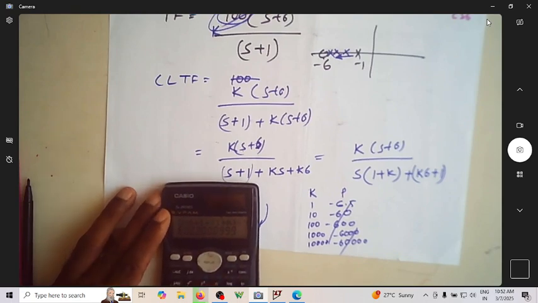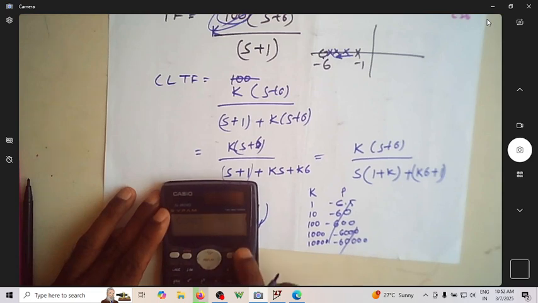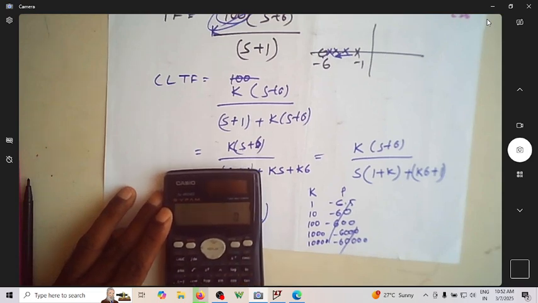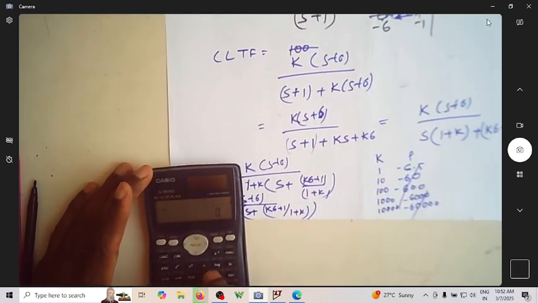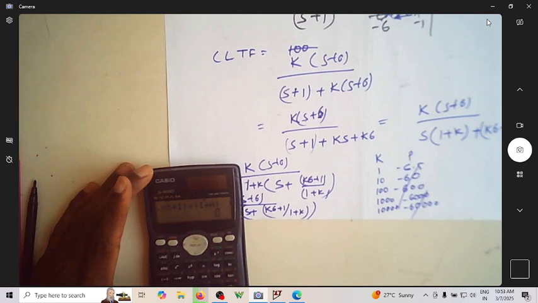This is the equation I have to put: open the parenthesis, alpha a into 6 plus 1, close the parenthesis, divide by 1 plus alpha a, close, and then calculate for k equal to 1.